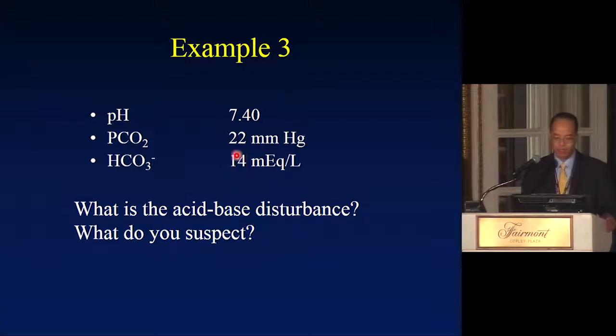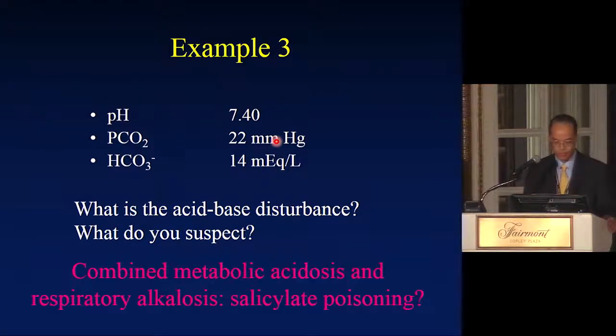So if you had a primary metabolic acidosis, yes, the PCO2 would be lowered, but it wouldn't be lowered so much that your pH was normal. So the only way the pH can be normal is if the patient has two acid-base disorders, both a primary metabolic acidosis and a primary respiratory alkalosis, and they're counterbalancing each other, and that's why the pH is normal. And one of the most common situations in which this occurs, as you're aware, is in salicylate poisoning.